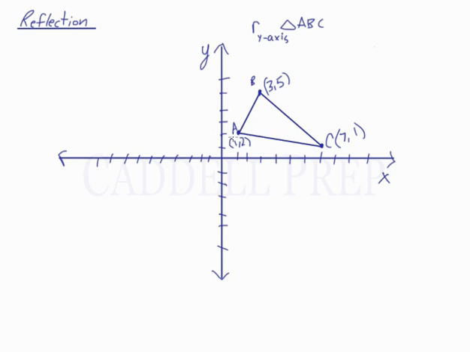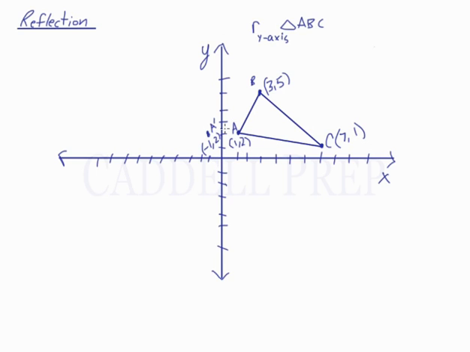We'll start with A. A is at coordinate 1, 2. So that means it's 1 point from the y-axis. So we're just going to move 1 point beyond the y-axis. So point A ends up here. This is A prime. And the coordinate is negative 1, 2.